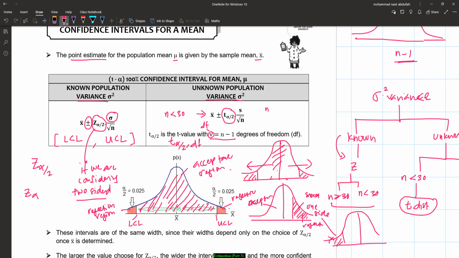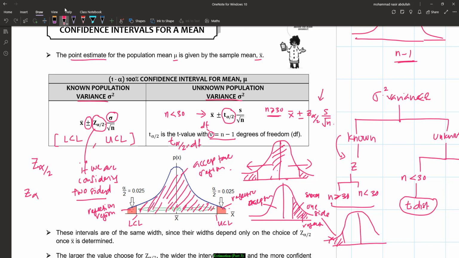So when n is more than or equal to 30, we can use another formula, x bar plus minus Z alpha divided by 2 times S divided by the square root of n. We are not going to use T anymore. This is where the sample size is more than 30.